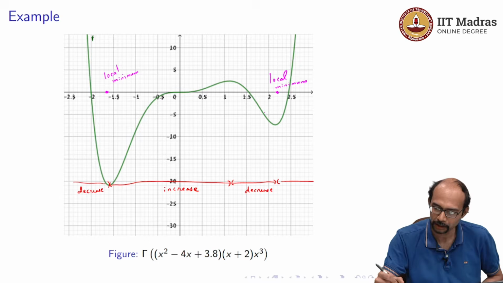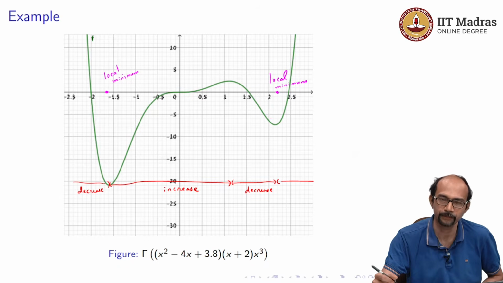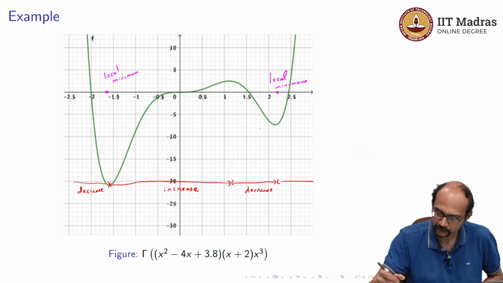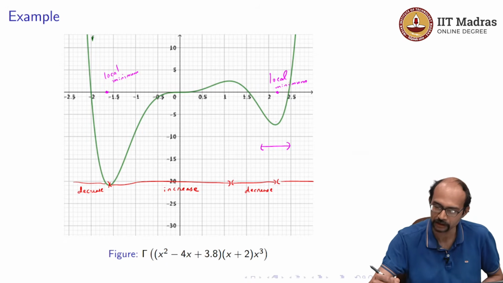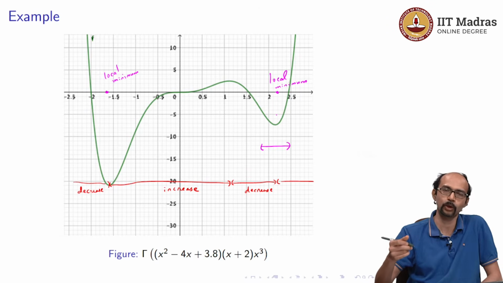Why is this a local minimum? You can see there is a valley or a trough. If you choose some small interval, something like this, then on this interval the value taken at this point is the smallest, it is the minimum. So it is a local minimum.